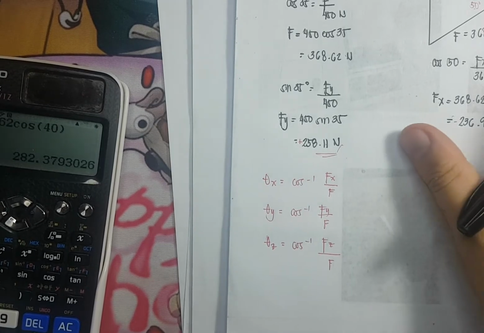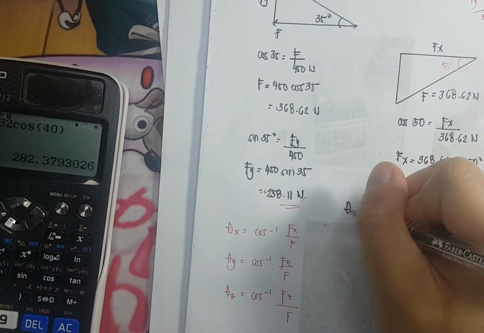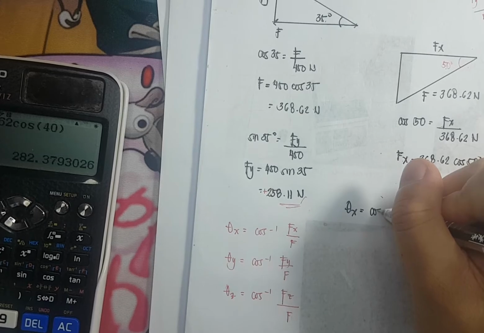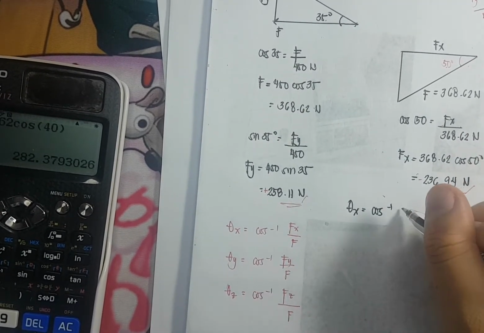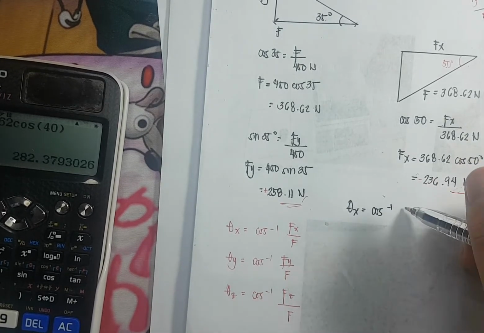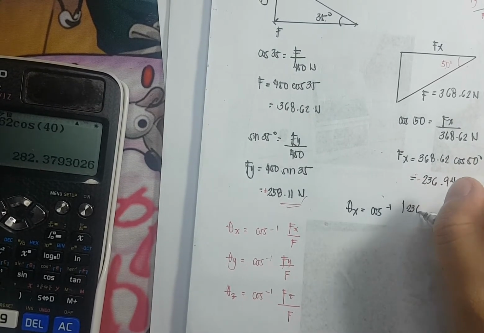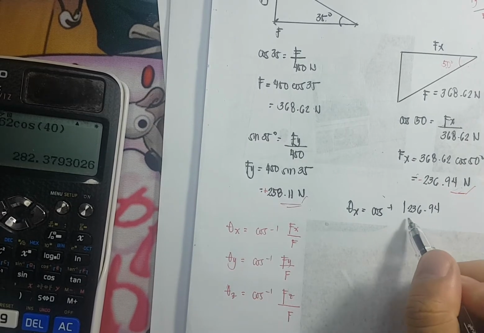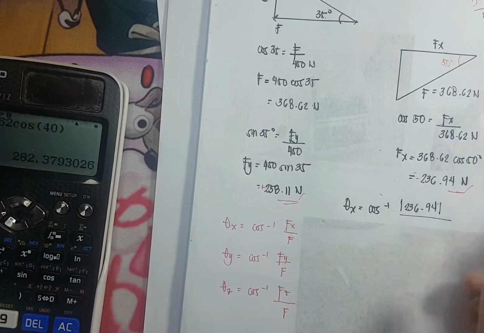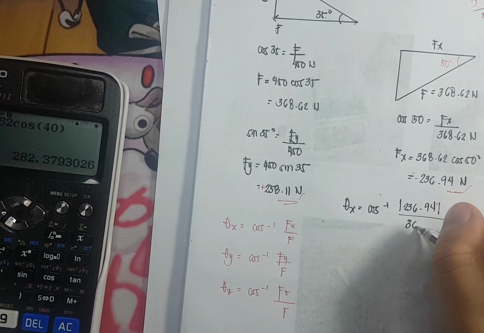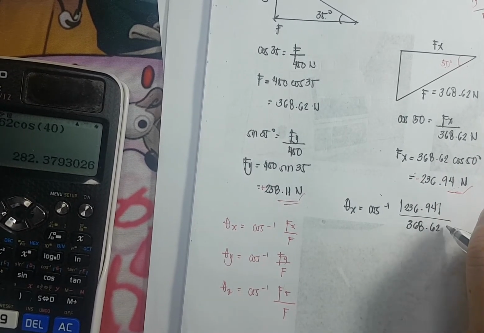Okay, so solving for theta x is equivalent to arc cosine. What is f of x? F of x, get the absolute value, 236.94 divided by what is the value of f. F therefore is 368.62.